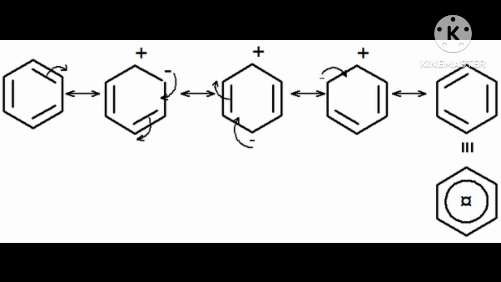But here, because the electron clouds are moving, they are going to be attracted by all six carbon nuclei. That's why it is more stable. And Kekulé structures 1 and 2 were less stable. That's why he was not able to tell about the special stability of benzene.